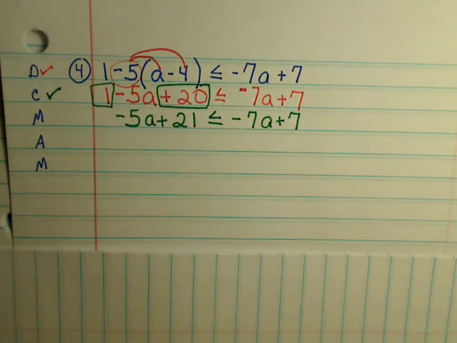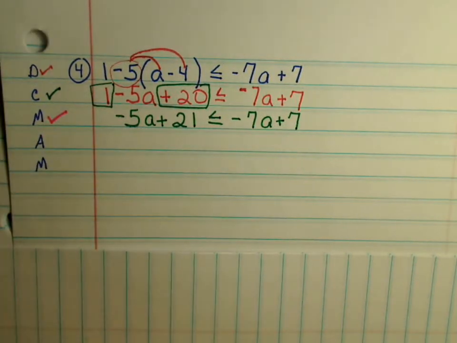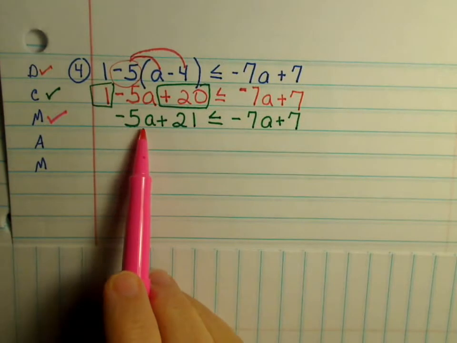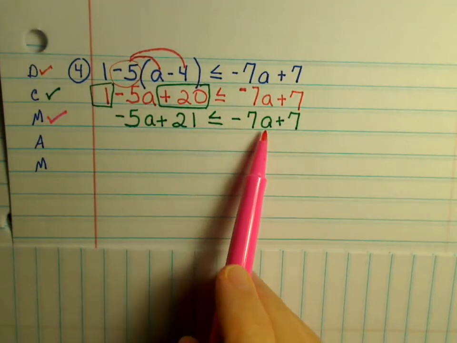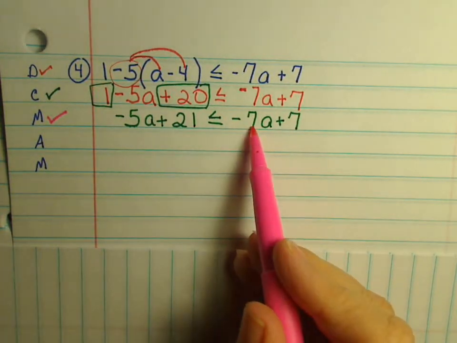All right, the next step is to move the variables to the same side. So I have a negative 5a and I have a negative 7a. Once again, I like to move the smaller one. And this one is smaller than that one.